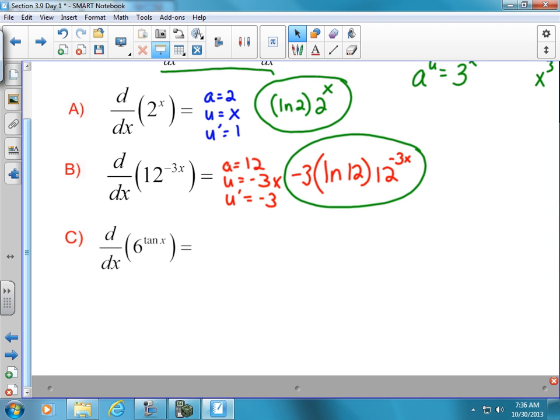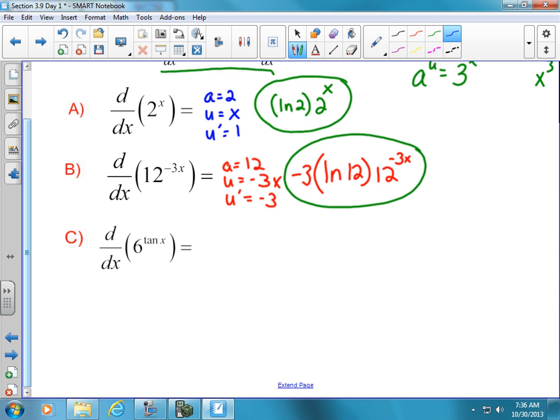Example 3. All right, 6 to the tangent. I think you get the idea. A is 6, u is tangent, and u prime equals secant squared of x. So let's write this one. Remember, you're always repeating what's in here, a to the u, but you're starting out by writing ln of 6. I like to put it in parentheses because it's just a number.